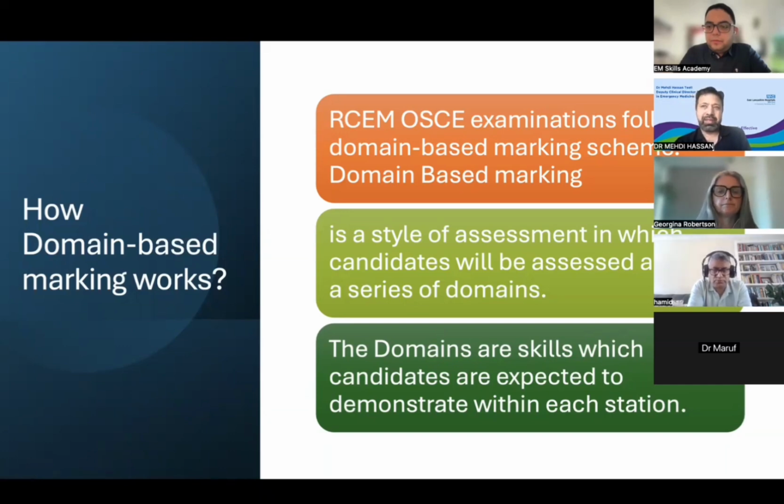Do not think that in a history station only your history-taking skills will be checked. It will definitely have 2 or 3 domains. We might check your communication skills, conflict resolution, and something else. Each OSCE station will have at least 2 to 3, sometimes 4 domains which we mark, and you have to perform in each domain separately.